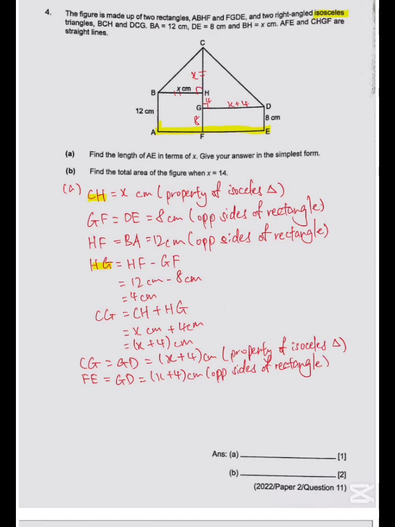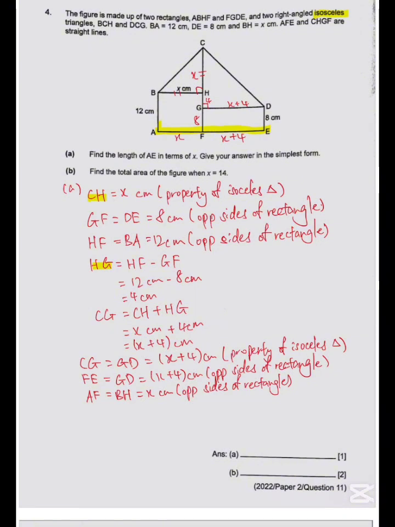Okay, so FE would be x plus 4 cm. Okay, then for AF, do you know AF? Yes, right? Because AF will be equal to BH, which is equals to x cm. Because also similarly, opposite sides of rectangle. Correct? So we know that AF is also x.